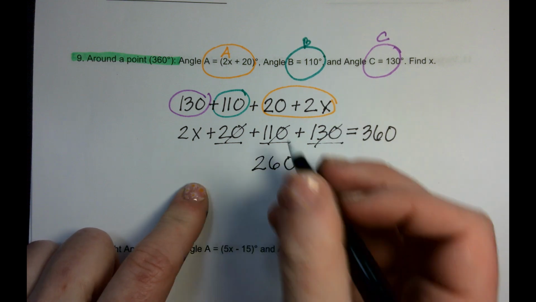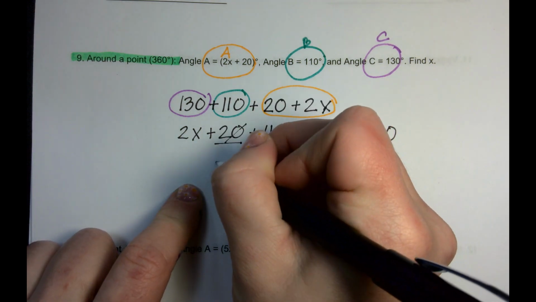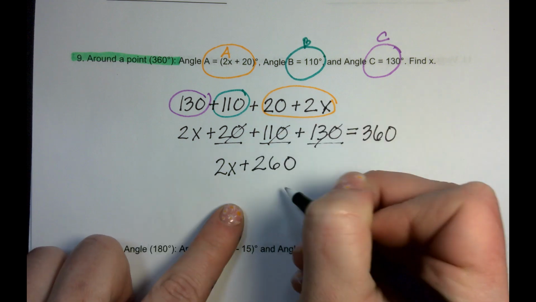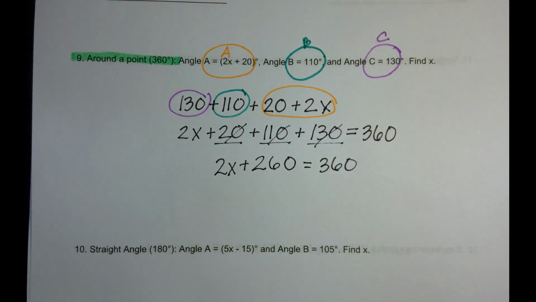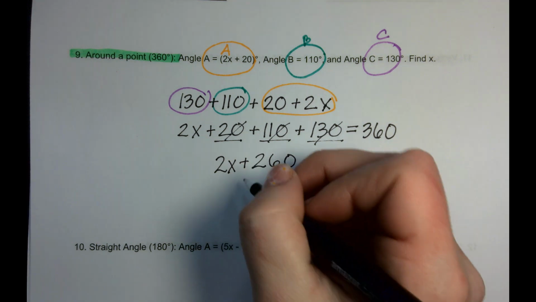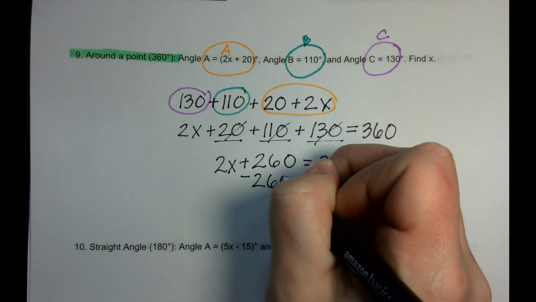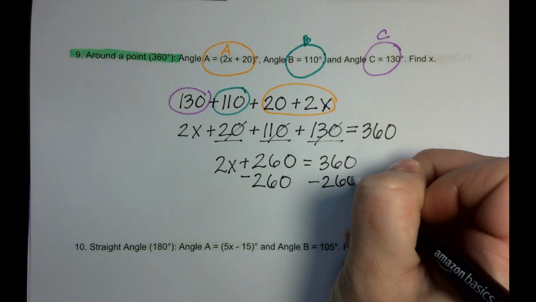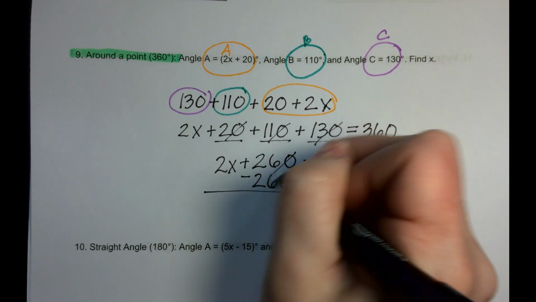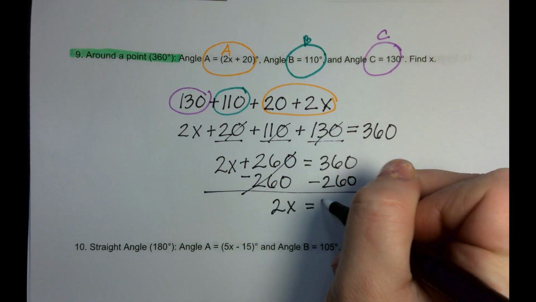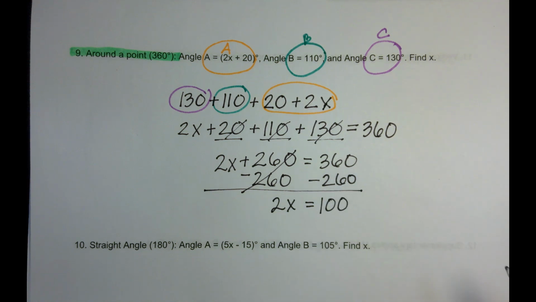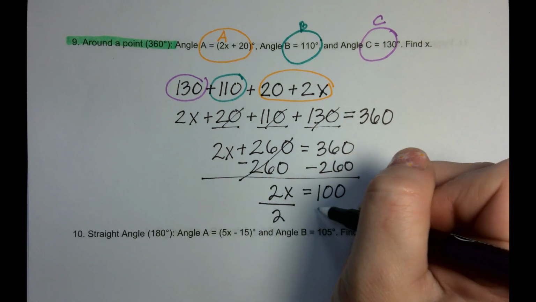Plus 2x, which I'm going to bring down. 2x plus 260 equals 360. Subtract from both sides. Minus 260, minus 260. Equals 100. 2x equals 100. Divide by 2. 50.